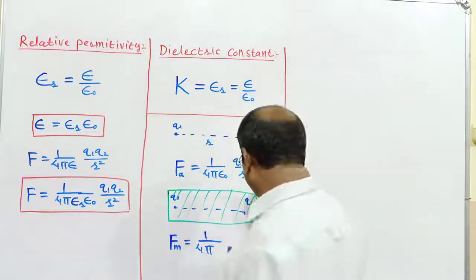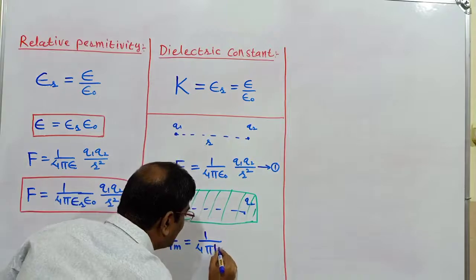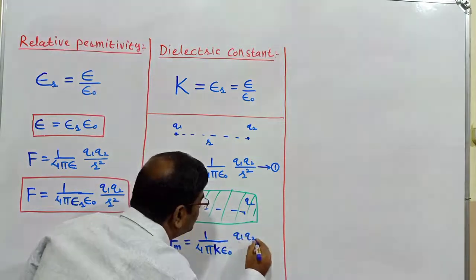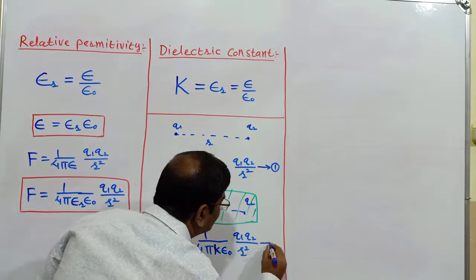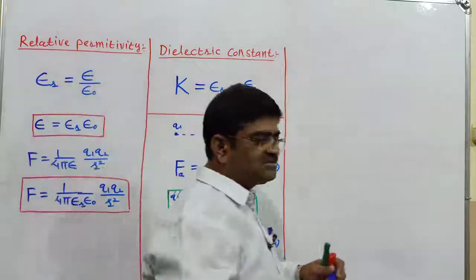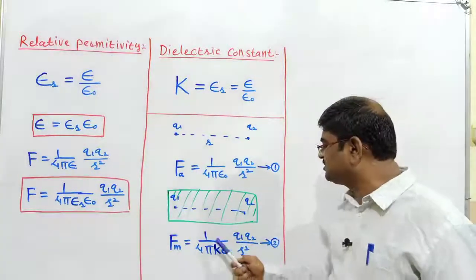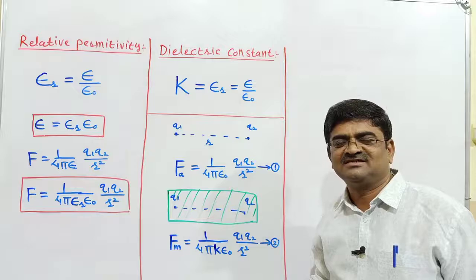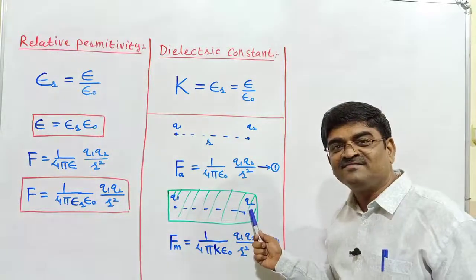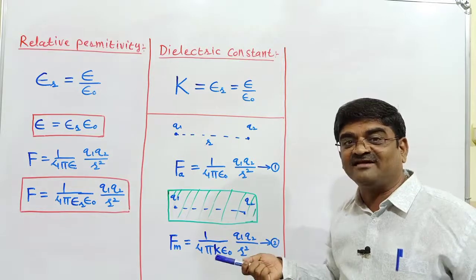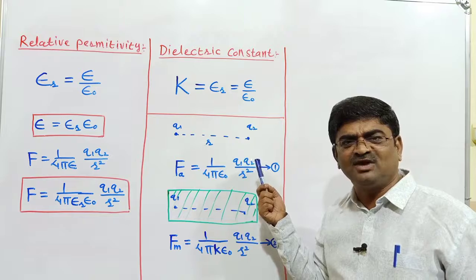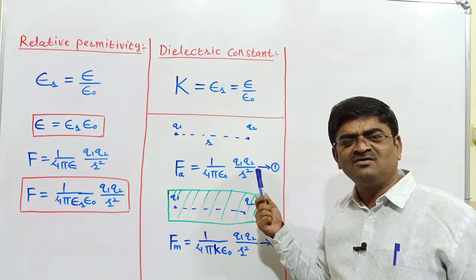So I shall write this as K into epsilon naught, Q1 Q2 divided by R square. So now I have this equation for the force between the same two charges at the same separation, but in another dielectric. Air is also a dielectric, vacuum is also a dielectric, insulating, doesn't allow charges to move.